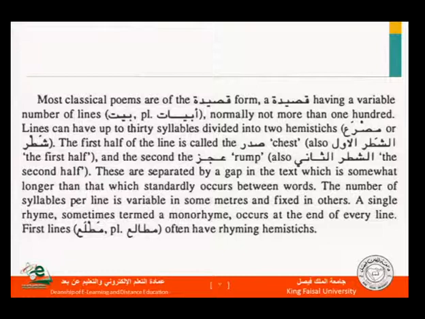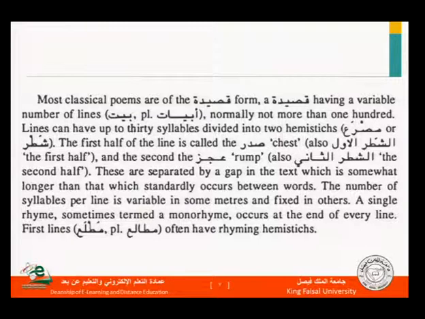Normally not more than 100 lines. Each line can have up to 30 syllables divided into 2 hemistichs, اللي هو الشطر. البيت, hemi معناها نصف يعني البيت.